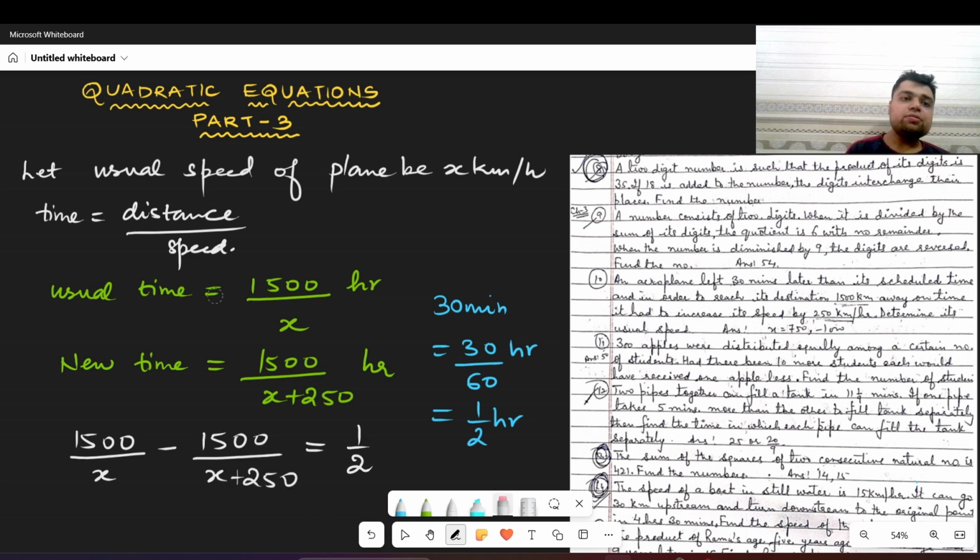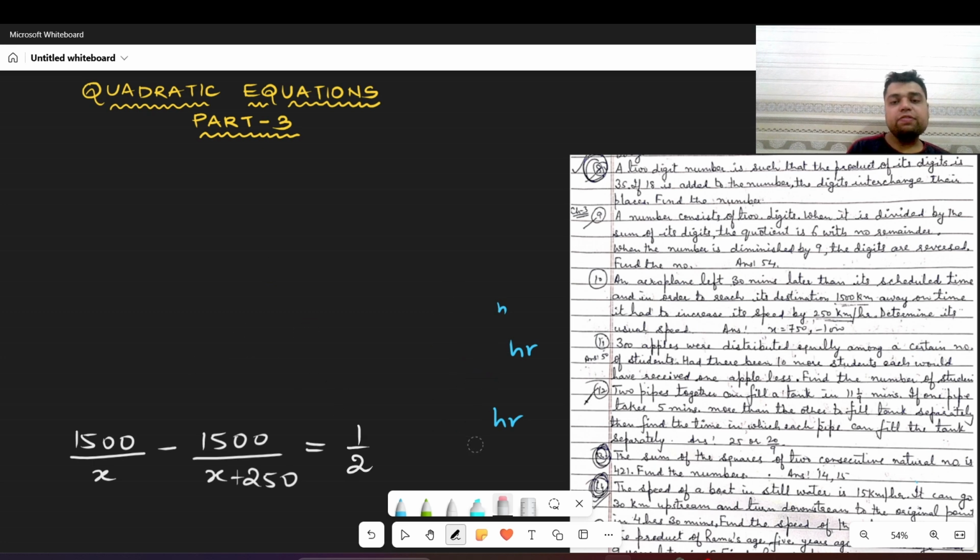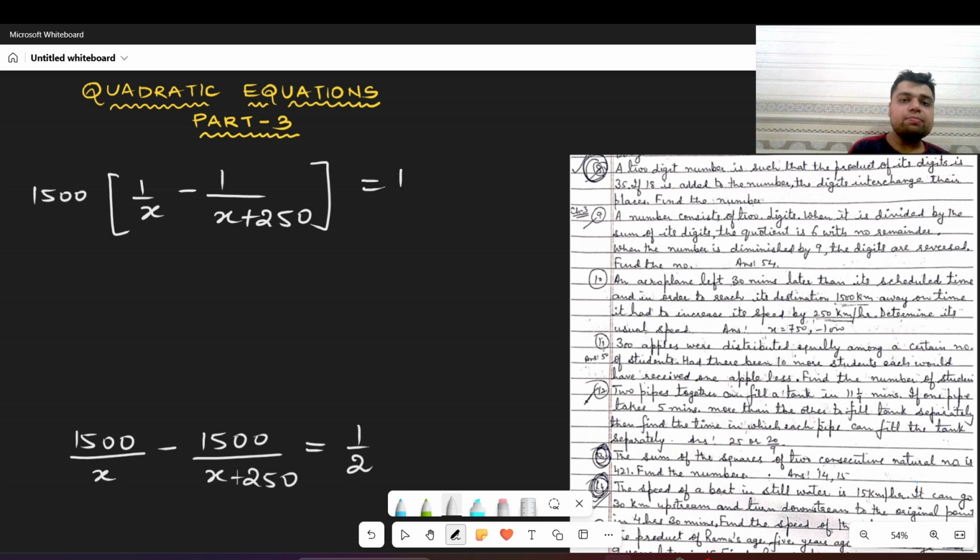Okay, now let's solve this to find the value of x. So can I take 1500 common? If I take that, I will get 1 by x minus 1 upon x plus 250, right? This is equal to 1 by 2. Okay, now we will make the denominator equal.